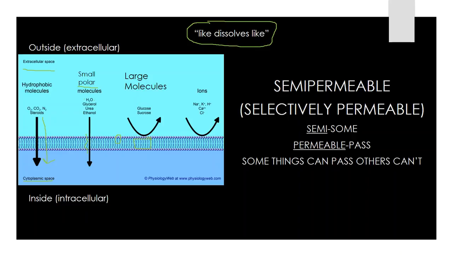It may take a while, kind of like they're having to sneak through a barrier, but they can pass through. Larger molecules like glucose are not going to be able to pass through. Another type of molecules, anything with a charge on it, like ions, are not going to be able to pass through because they're not going to be able to go through that non-charged or nonpolar region.